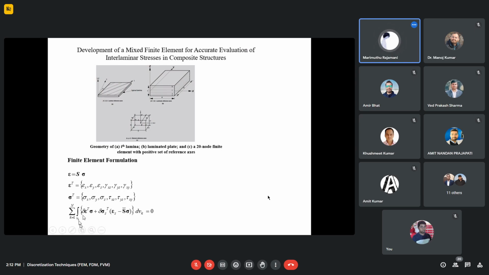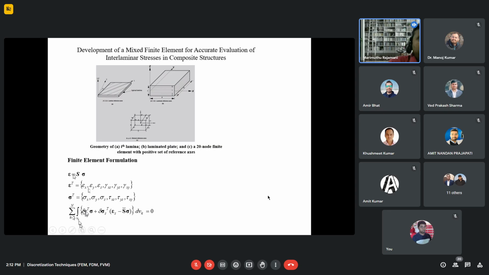Now, the principle of virtual work, delta epsilon transpose sigma, this is the usual principle of virtual work, has been considered, and you have to use the appropriate matrices, appropriate stress-strain relations at the kth layer, and you have to sum them up to get the total stiffness of the laminate.